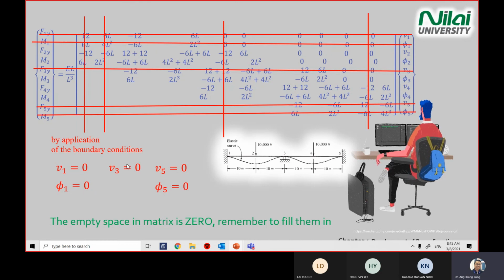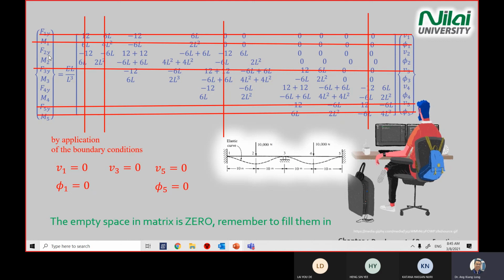When you apply the boundary condition, you reduce your 10 times 10 matrix to 5 times 5. So you have all these 5 numbers representing F2Y, M2, M3, F4Y, M4.